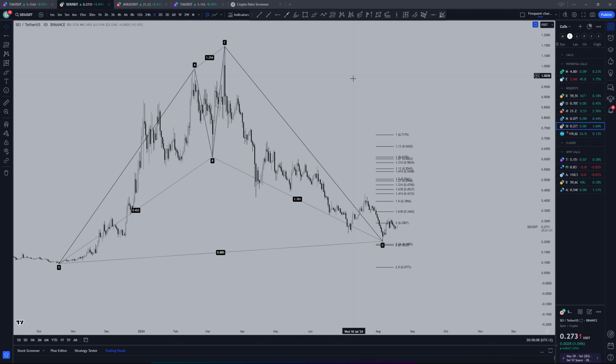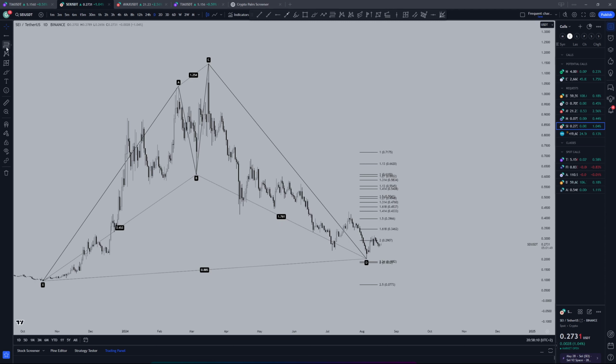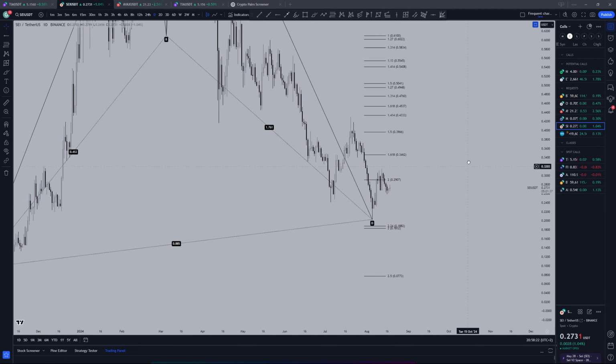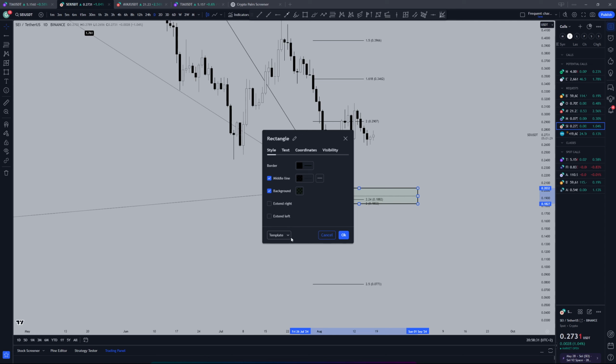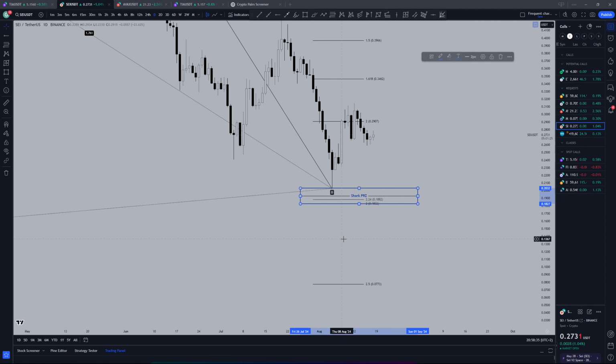Yeah, I really like this level per se. And what happens if I draw it from the C point instead? Don't really get anything meaningful. Okay. And we had the 886 over here. So my PRZ per se is just gonna be this. This is gonna be a shark PRZ.